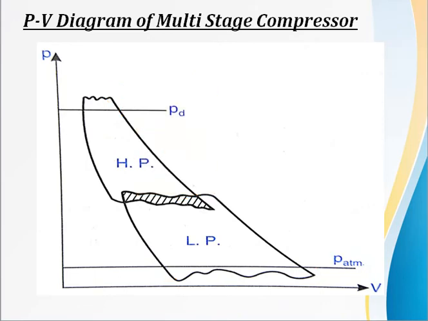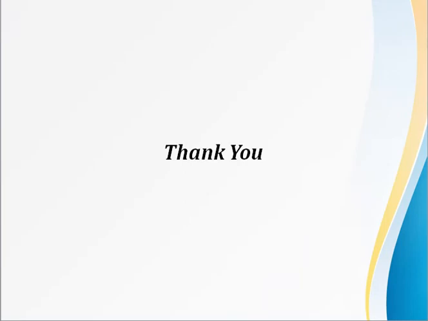Okay, and that is the reason why we are going for multi-staging. Now I hope you understood why we are going for multi-staging, because higher pressure ratios in a single stage will lead to loss of work, and this will hamper the volumetric efficiency of the compressor.